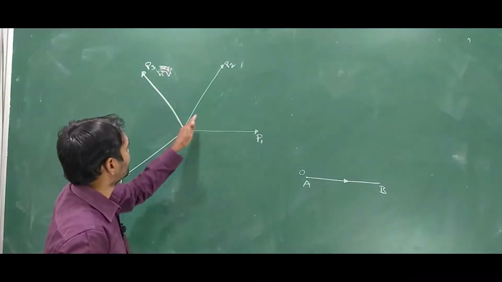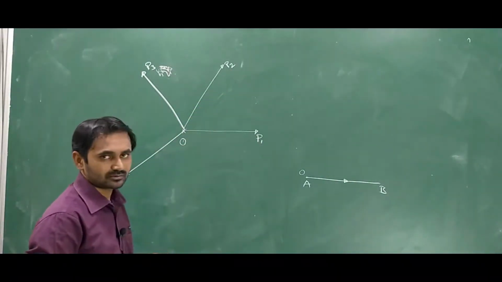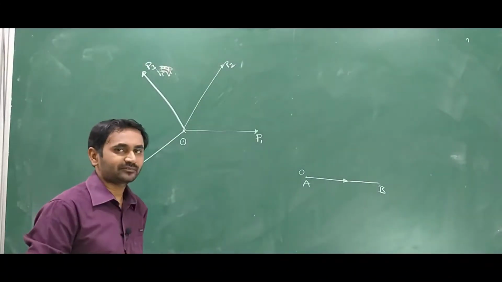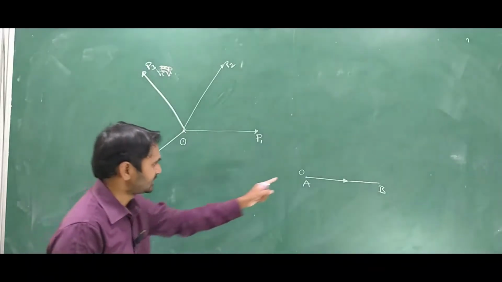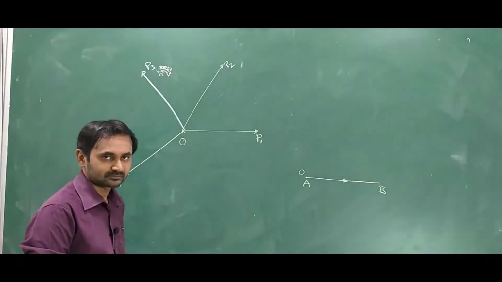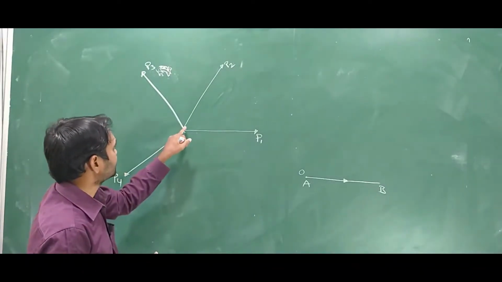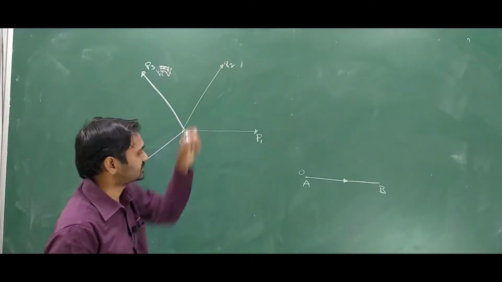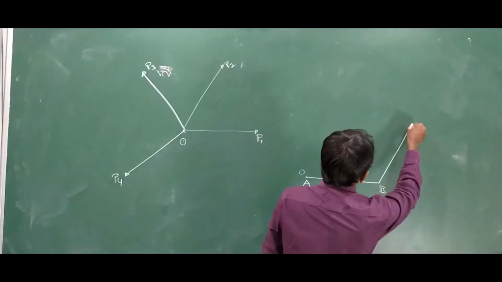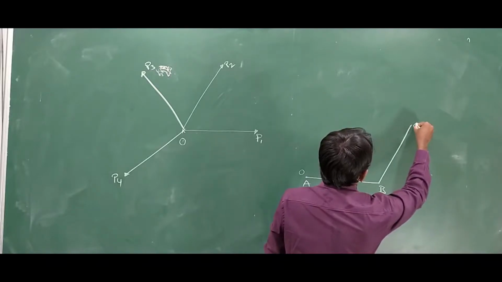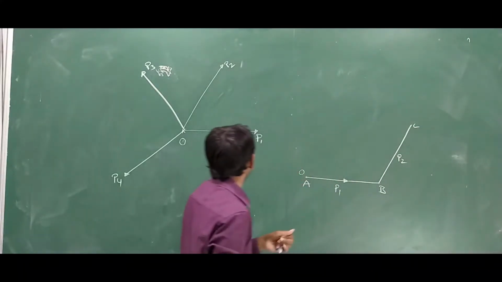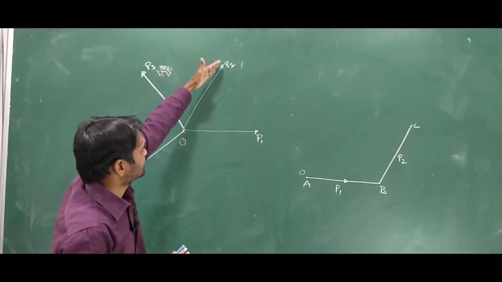Next, P2 you have to draw, O to P2. Where do I have to start? In the polygon, not from here. From here you have to start the diagram to get a polygon. Now it is moving in this direction, so this is P2. So this is C. This is P1. This is P2. I have drawn with the same dimensions.